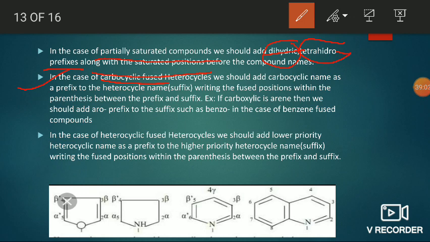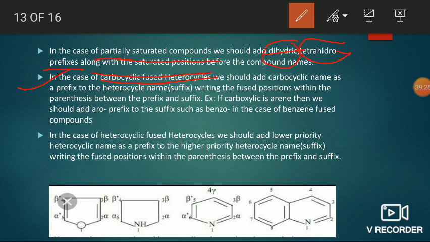So here in the case of carbocyclic fused heterocyclic compounds, we should name the carbocyclic ring or the benzene ring before the name of the heterocyclic ring as a prefix.